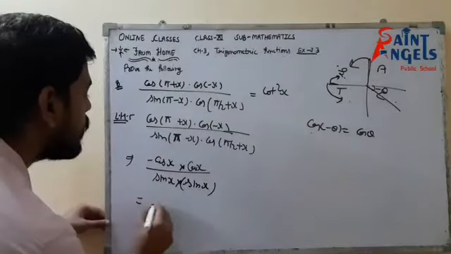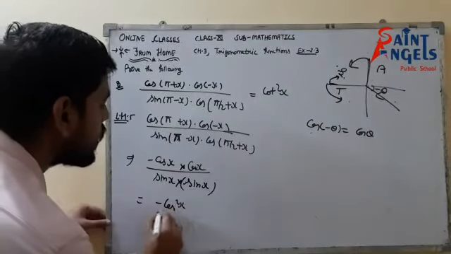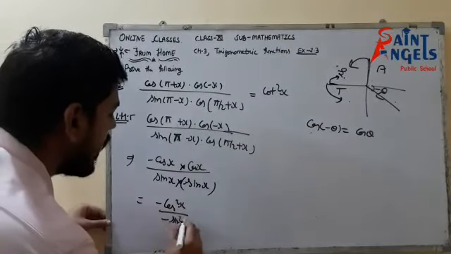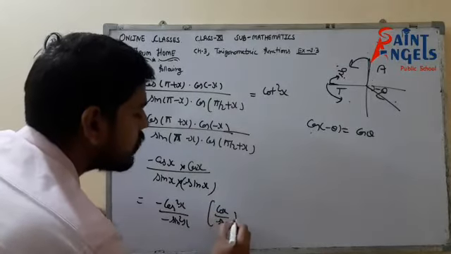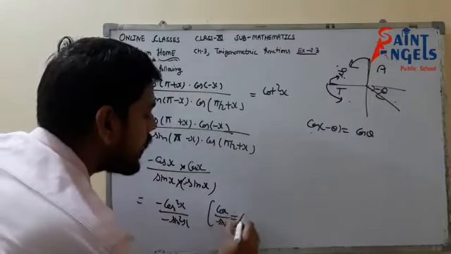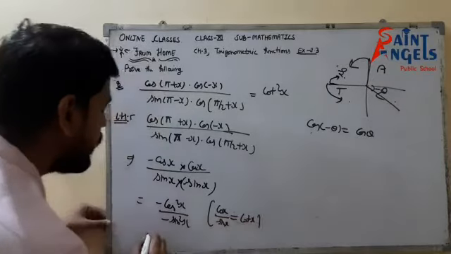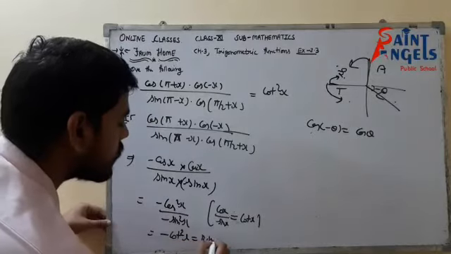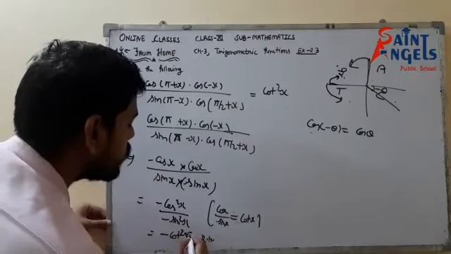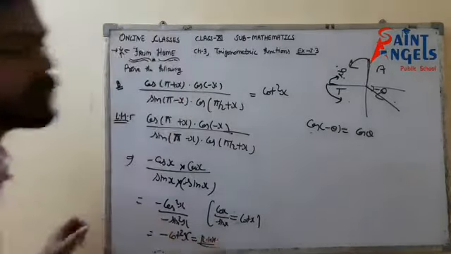So it has become minus cos square x upon minus sin square x. And we know that cos x upon sin x equals cot x. So hence it will become minus cot square x equals RHS. Okay, students, please pause the video and note it down.